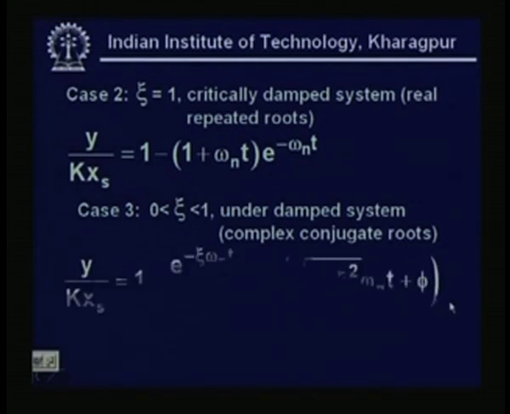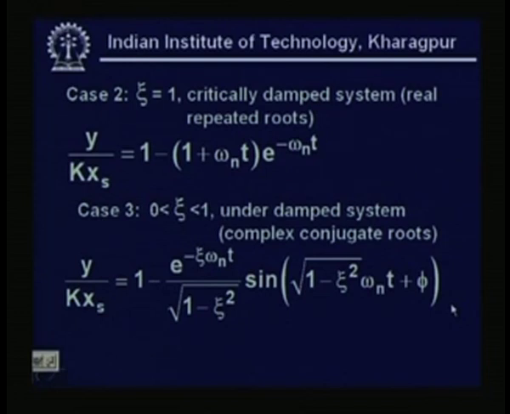Now, the output in this case, y upon kx, is equal to 1 minus e to the power minus xi omega n t divided by the root of 1 minus xi square, times a sine term. Here you can see that in a second order system, if it is overdamped or critically damped, there is no question of oscillation. Only in the case of an underdamped system, because of this term, the oscillation will come.